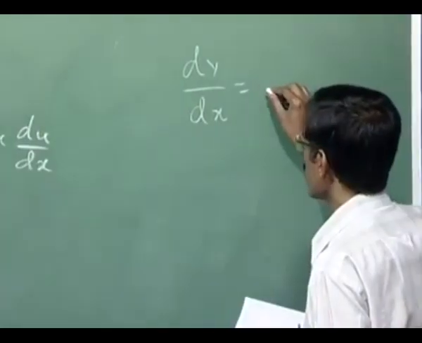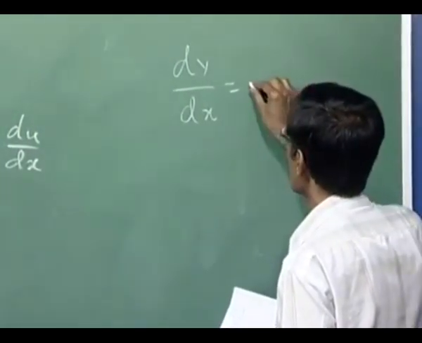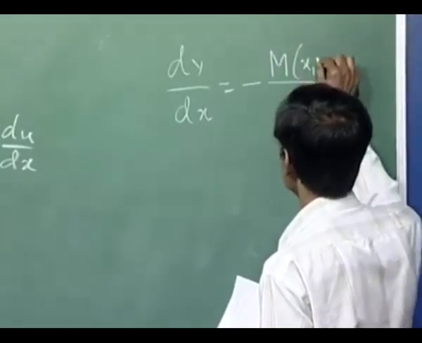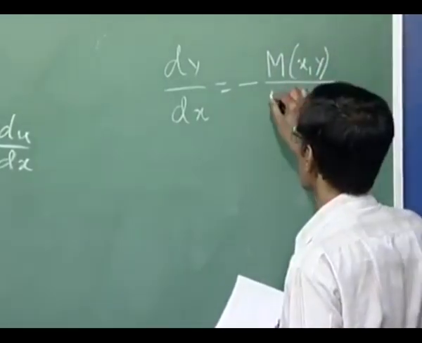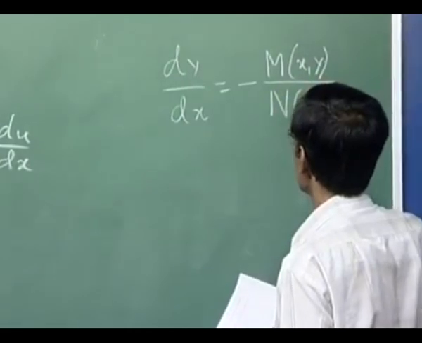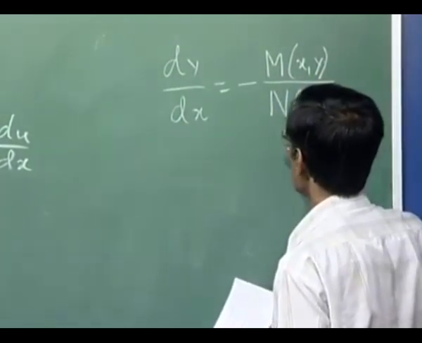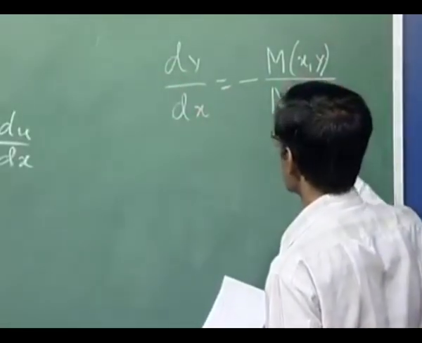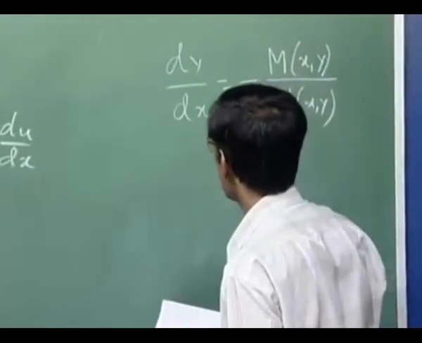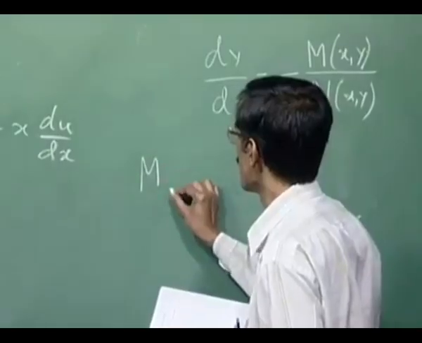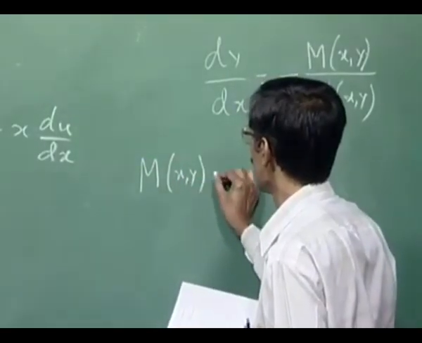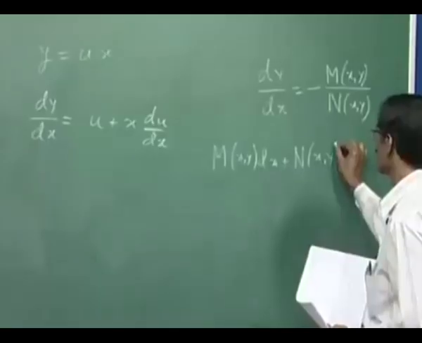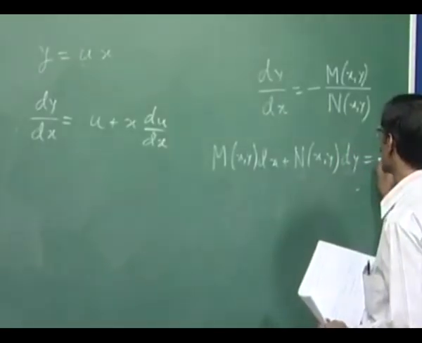Now, if that f of x y can be organized in this manner, now here no simplification has been made, x and y both are involved, and then we take this on the dy side, we take this on the dx side, and then get everything on the left side. Then we will get m of x y into dx plus n of x y into dy equal to 0.